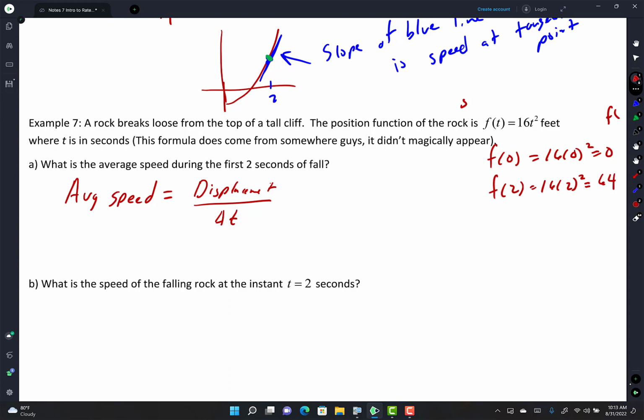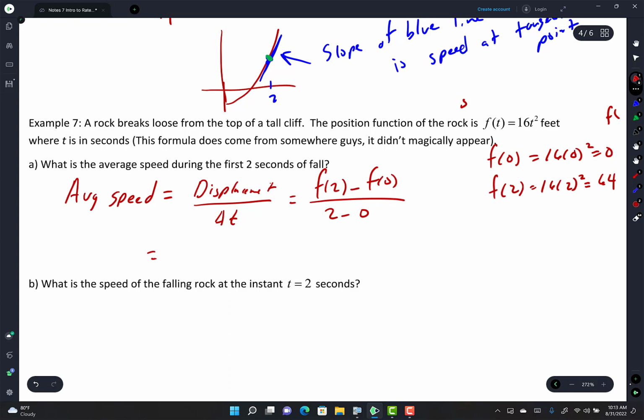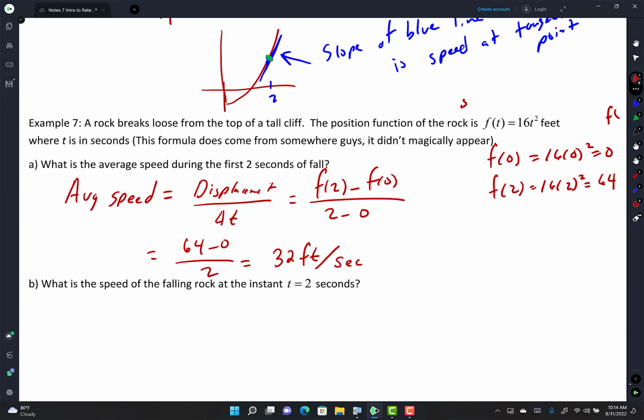So my displacement, I always like to do final minus initial. So f of 2 minus f of 0, and I know that f of 0 was 0, divided by 2 minus 0. So 64 minus 0 divided by 2. What is 64 divided by 2? So my average velocity or average speed is 32 feet per second within the first 2 seconds.